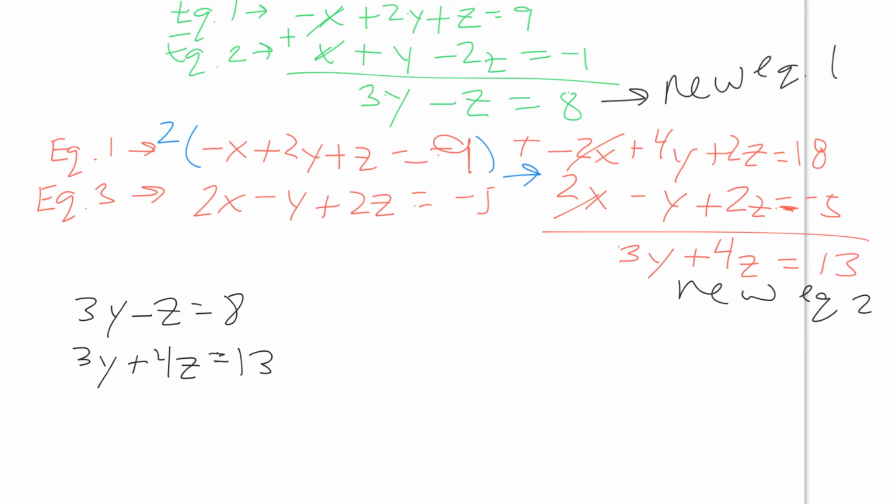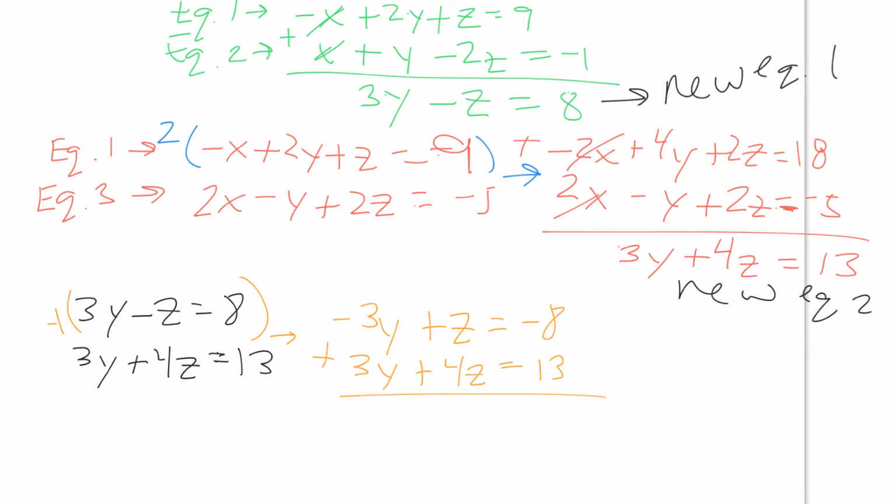Since my y's are already the same number, I'm just going to multiply one of my equations by a negative 1 to get opposites. And I'll just do this first one. So I'm going to multiply this by negative 1, giving me negative 3y plus z equal to negative 8. And my bottom one's staying the same, 3y plus 4z equal to 13.